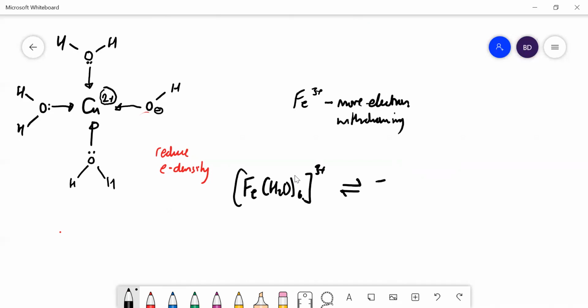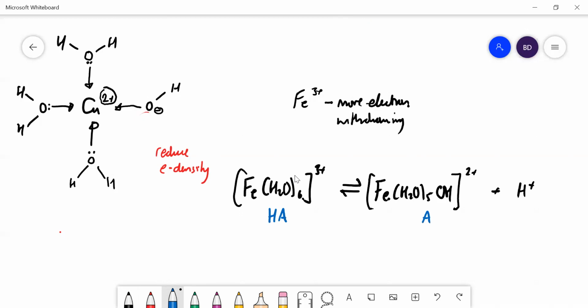It's going to be Fe(H2O)5OH, just one OH, so we don't need brackets for it, and the charge on that is going to be 2+ now. And we have got a proton. If you refer back to the acids and bases topic, this is the weak acid, and this is its conjugate base.